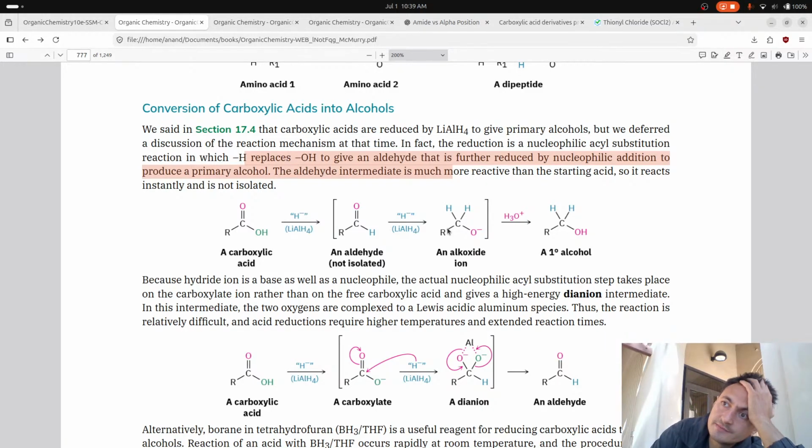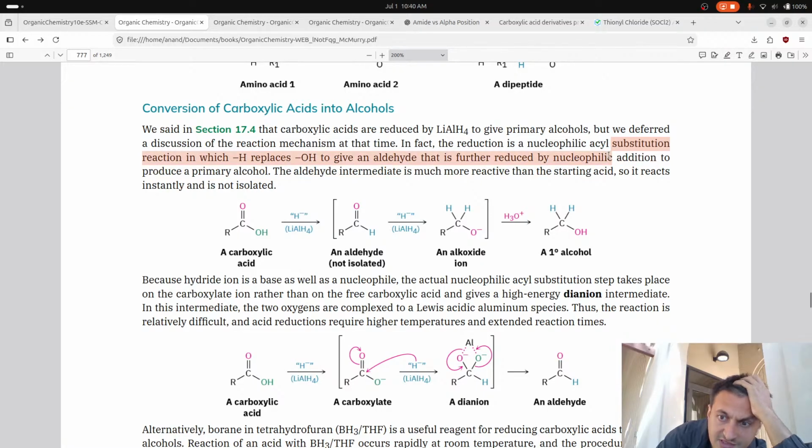This is a lot like, well, it reminds me of the triphenylmethanol synthesis, in which two nucleophilic acyl substitution reactions happen. But actually, wait, this is first one substitution. The second one is addition. So there's actually a difference. Yeah, and then you add acid. Okay. So you have to add acid though.